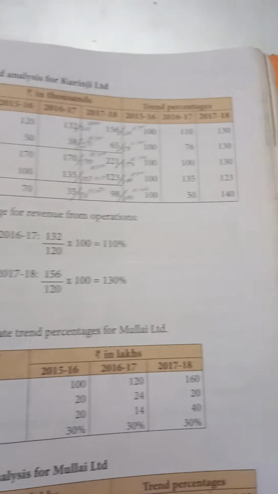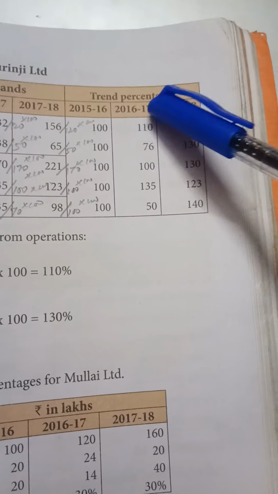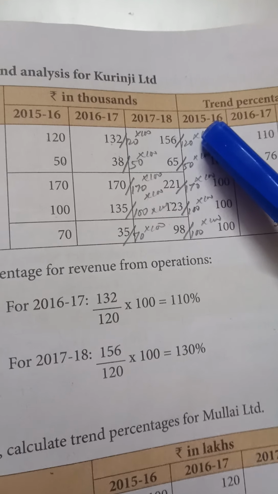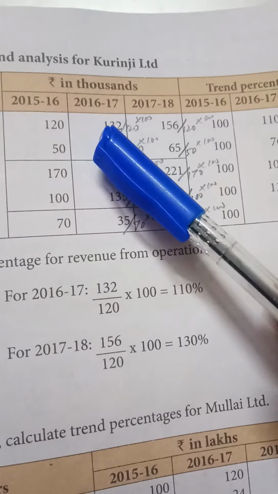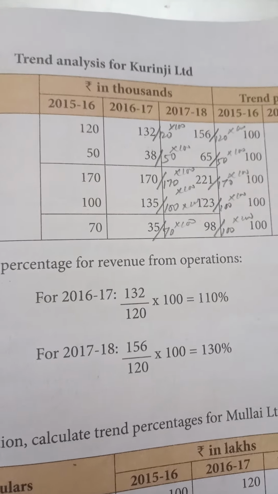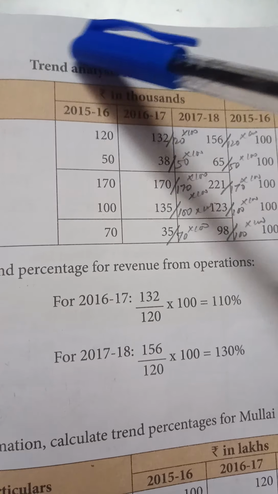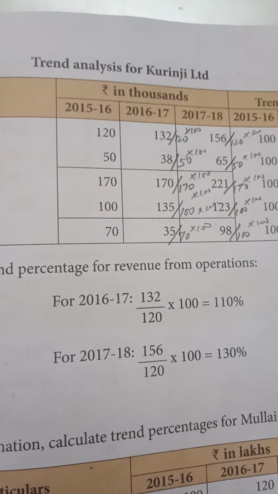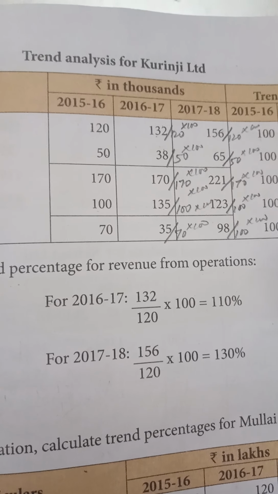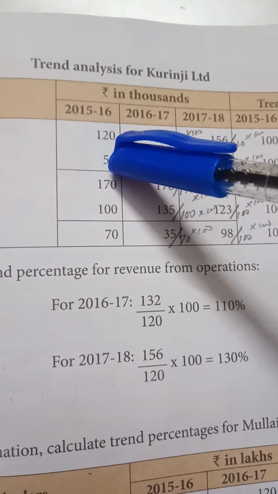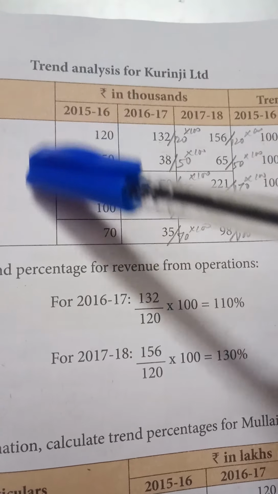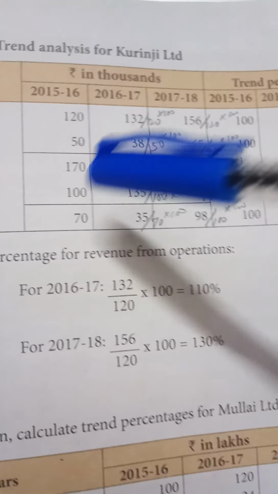Then comes the next one, that is trend percentages. We have to calculate the trend percentages, that is the sum, right? So now you have 2015-16, 16-17 and 17-18. As I said earlier, your year 1, whichever it can be, should be considered as the base year, which means all the values related to that first year will be considered as 100.